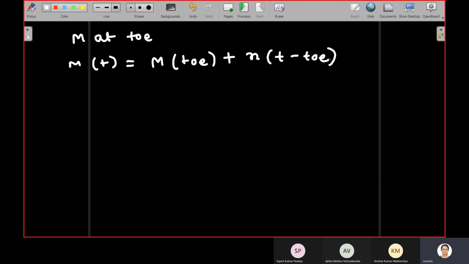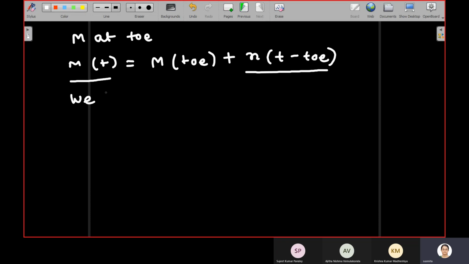Since the angular velocity is constant, we can simply do the multiplication with the time difference and add that to the mean anomaly at TOE to get the mean anomaly at t. So we can easily extrapolate the mean anomaly to some other time.